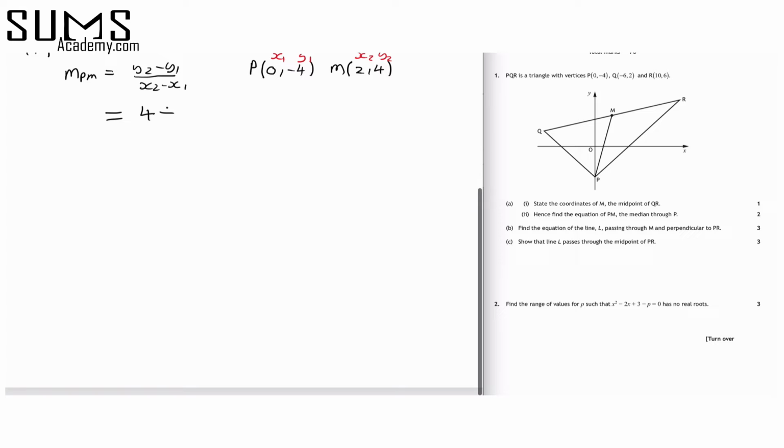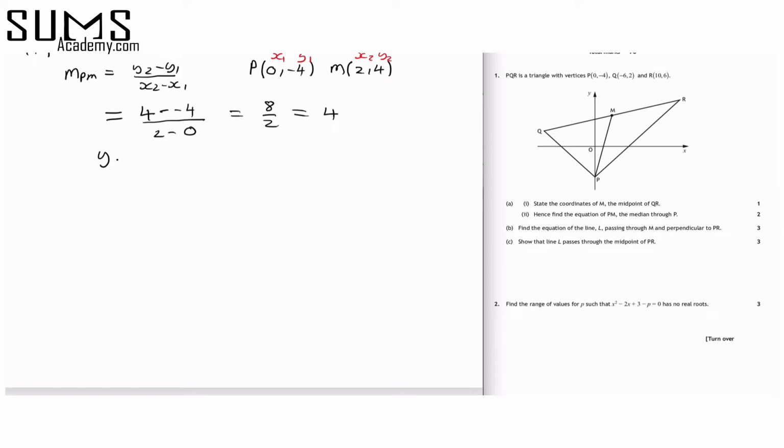So it's 4 minus -4 all over x2, 2 minus 0, which is the same as 8 over 2, which equals 4. So the gradient is 4.